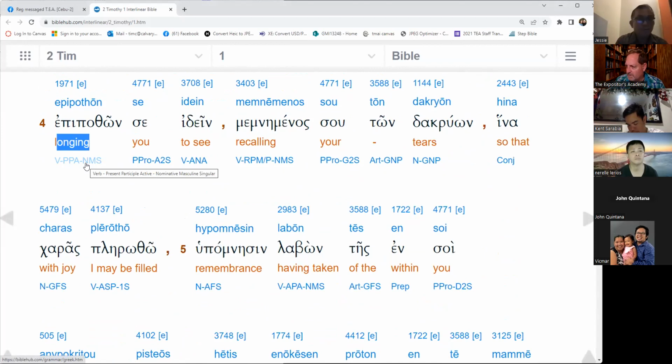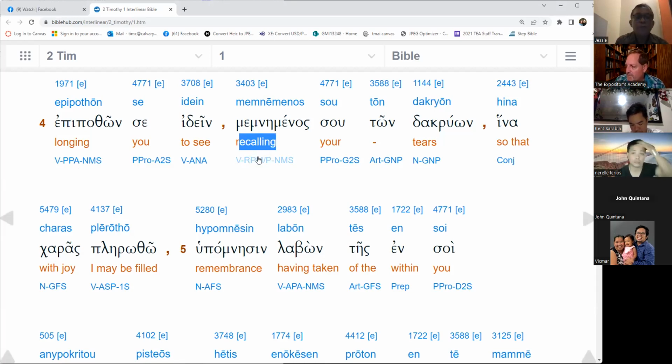The font's really small, but I can't change it. And then the next one, where in verse 4 the translation said "having remembered," here it says "recalling," which is probably a better way to say it. And it says here, it is also a participle.